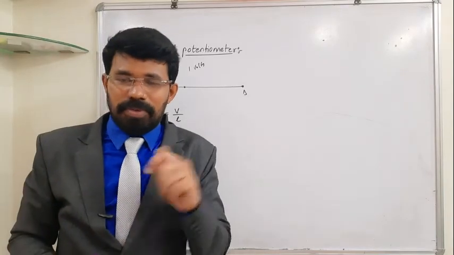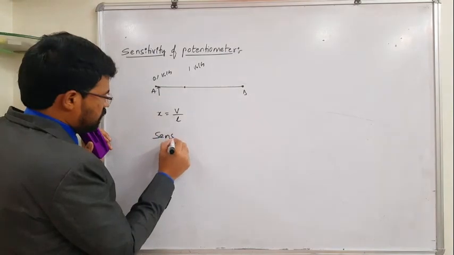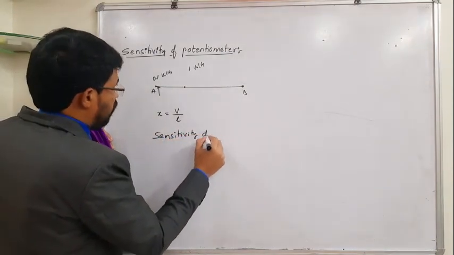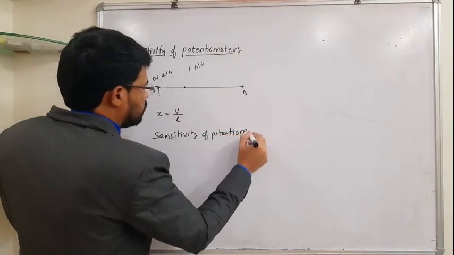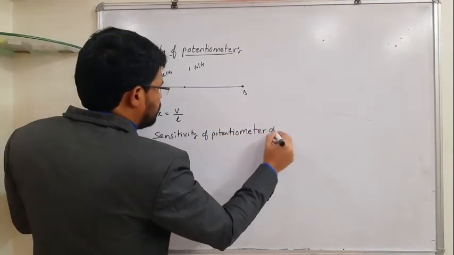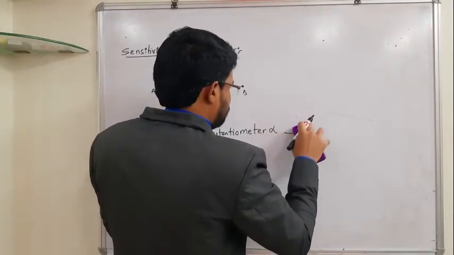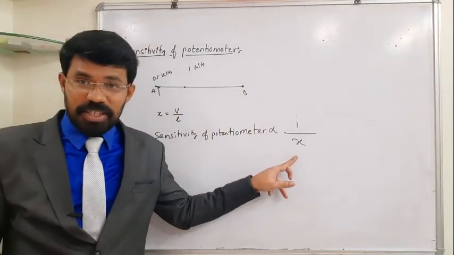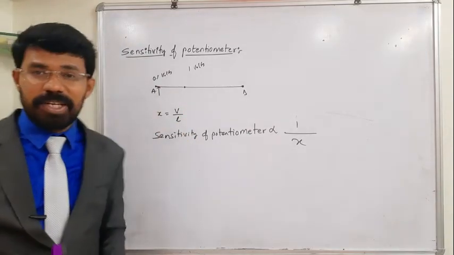From this we can conclude that the sensitivity of the potentiometer is inversely proportional to the potential gradient. It means the lesser the potential gradient, the more sensibility it will have. The reason is whatever explanation I have given.